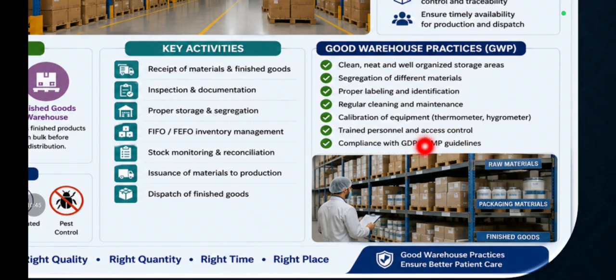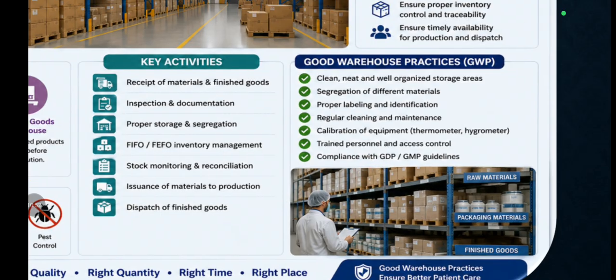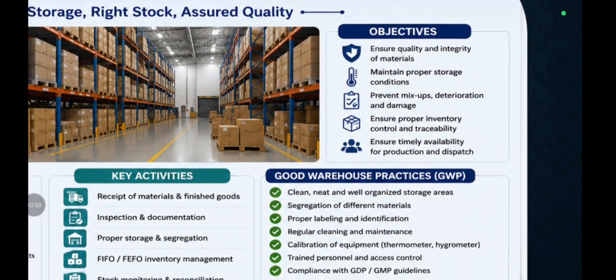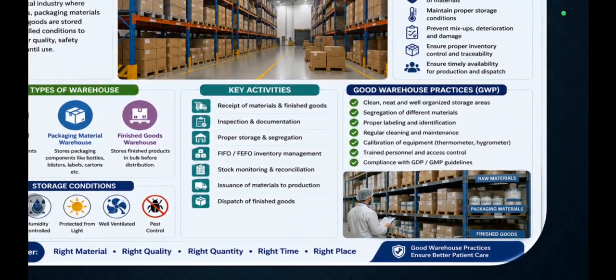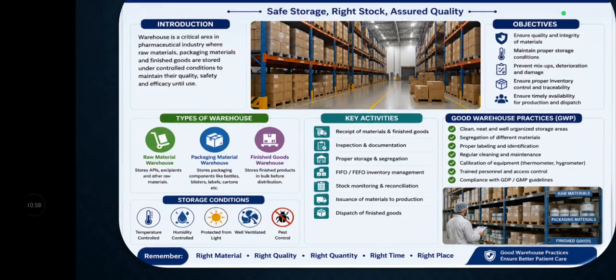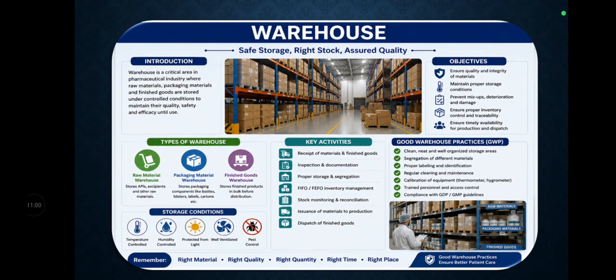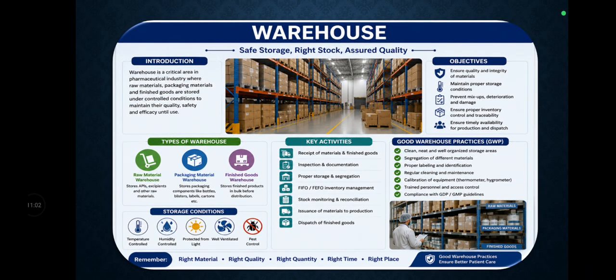Trained personnel should be available there, with compliance with GDP and GMP, that is good documentation practice and good manufacturing practice. Okay. So these are the things that should be available in the warehouse facility during this journey of the tablet.